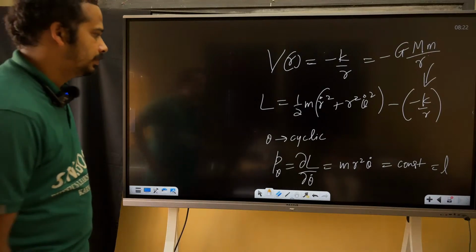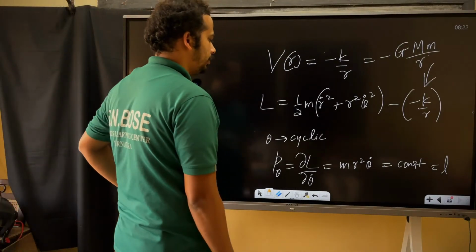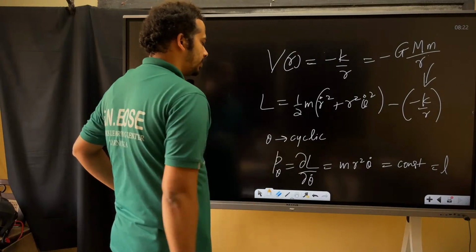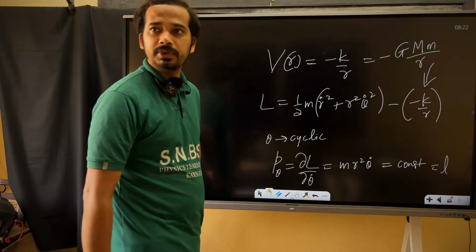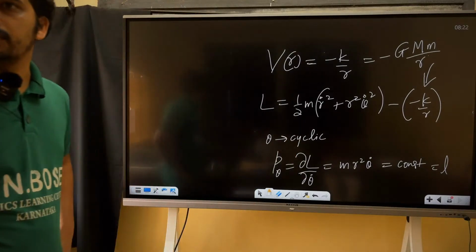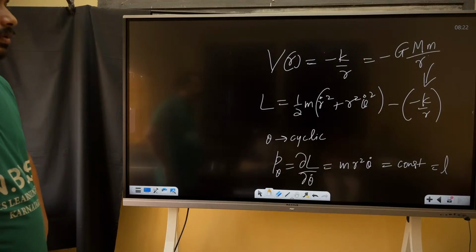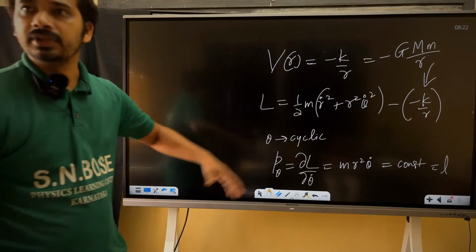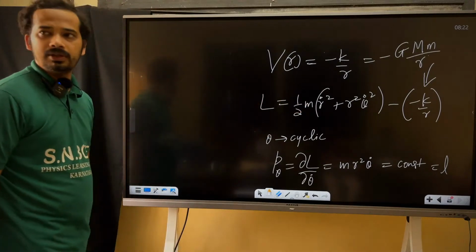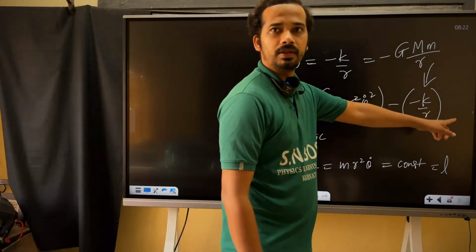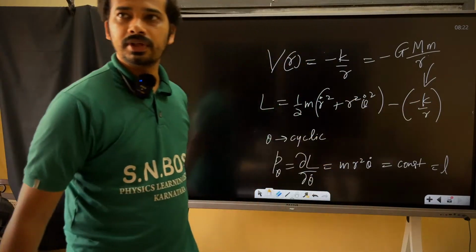You are keeping that satellite mass constant in the problem. Energy will change. It's a conservative system. If you write the corresponding Hamiltonian, this is playing the role. Energy will change.